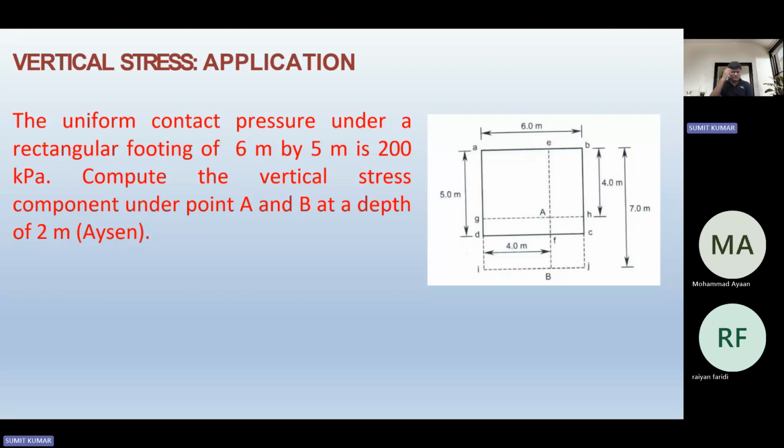In the previous class, we understood the concept to calculate the stress at any point if stress is applied at any other cross section, like from the Boussinesq equation, 3 by 2 pi into 1 by (1 plus r square by z square) whole power 5 by 2.